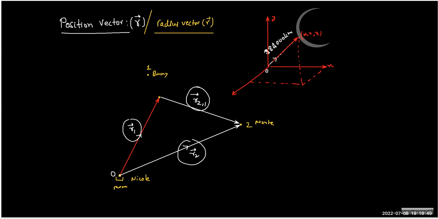I can draw this line as the x-axis. Then I need only one number to get the location of the moon, the x coordinate, right? It is all about how we draw the coordinate system. So in mathematics and physics, when the origin is attached with the coordinate system like x, y, z, what we call is a frame of reference.